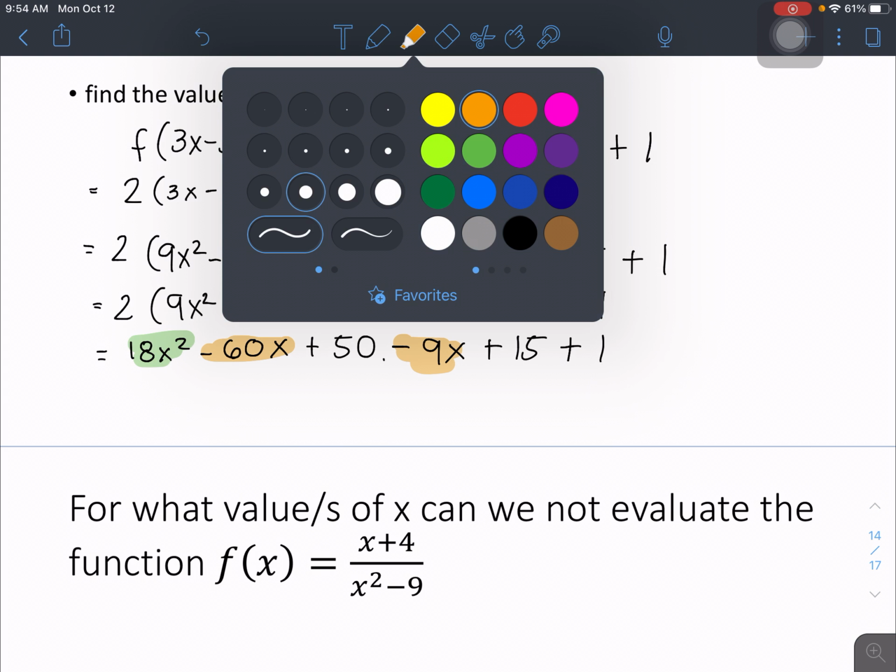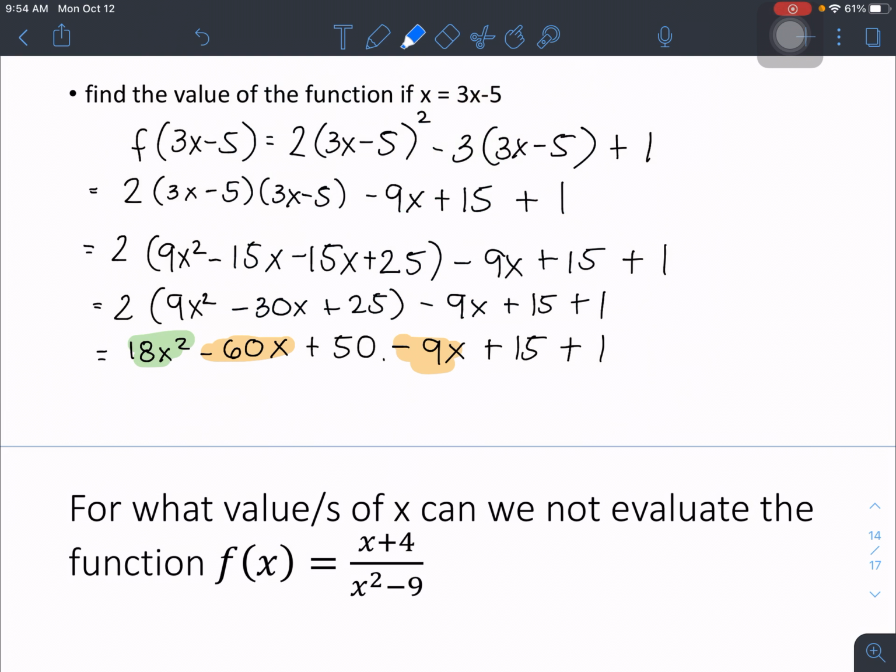Next one will be all the numerical constants. So 50, 15, and 1. By combining all the like terms, we will be having 18x squared, negative 60x minus 9x will be negative 69x, plus 50 plus 15 will be 65, plus 1 will be 66.